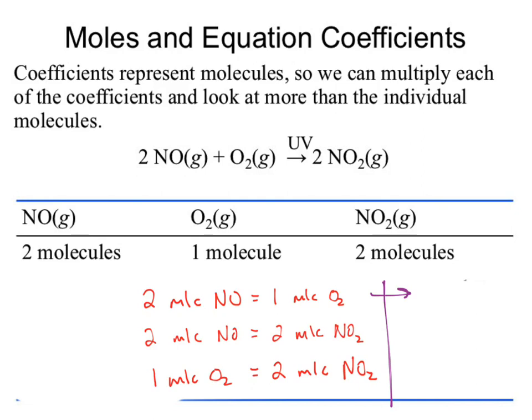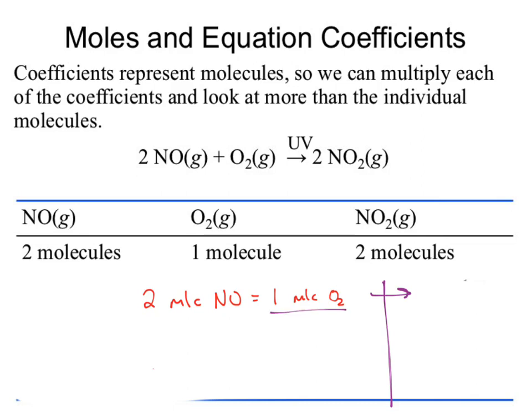We need a unit factor. How can I convert that top expression into a unit factor? I could divide both sides by molecules of O2. This gives me the unit factor, 2 molecules of NO over 1 molecule of O2.